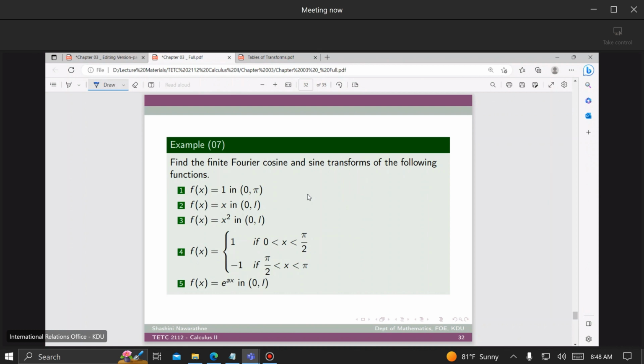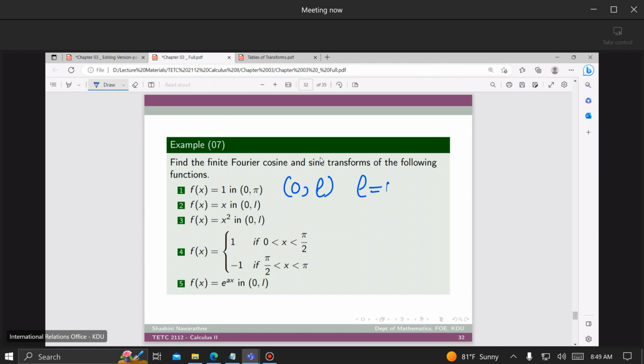So what should be the value of L here? The interval is provided. If we compare it with 0 and L, the value of L is equal to 5.